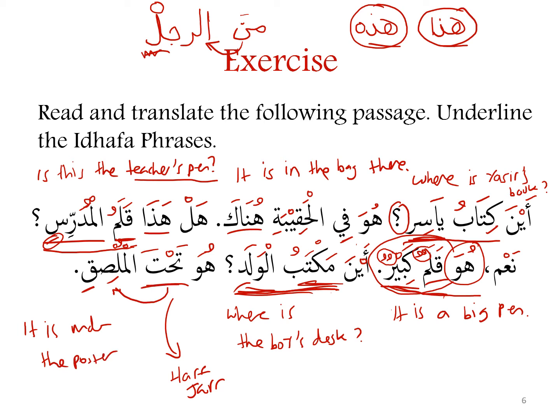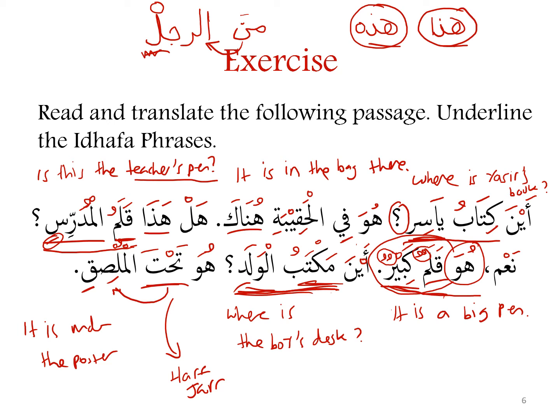So tahta means under. It's a harf jar. So in this way we'd be able to read this as: أين كتاب ياسر هو في الحقيبة هناك هل هذا قلم المدرس نعم هو قلم كبير أين مكتب الولد هو تحت الملصق. And we'll be able to read the harakat correctly and translate it accordingly by knowing the grammar.